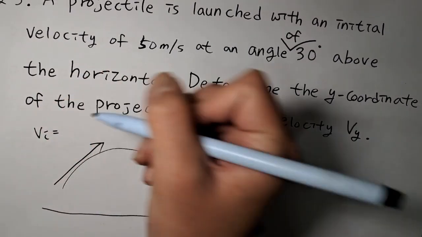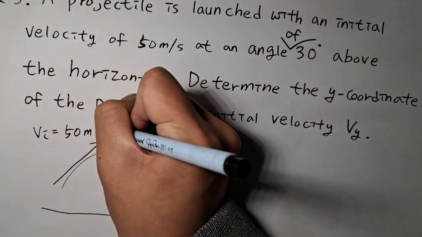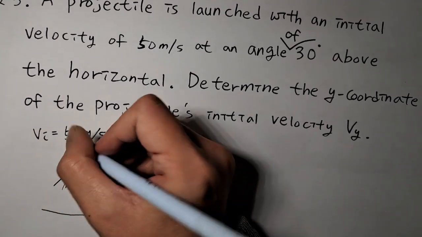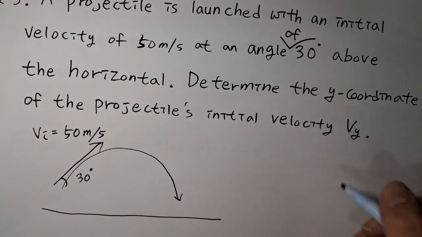Initial velocity is 50 meters per second, and the angle is going to be 30 degrees.